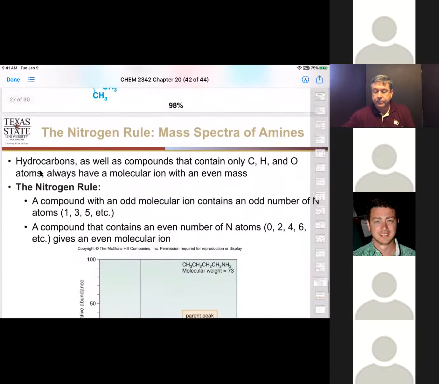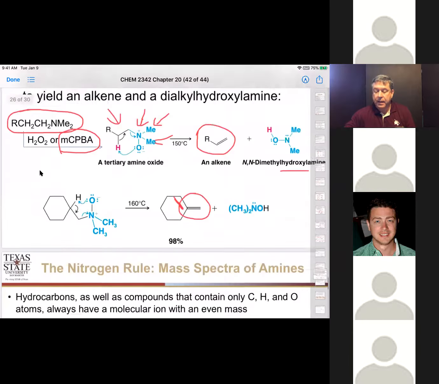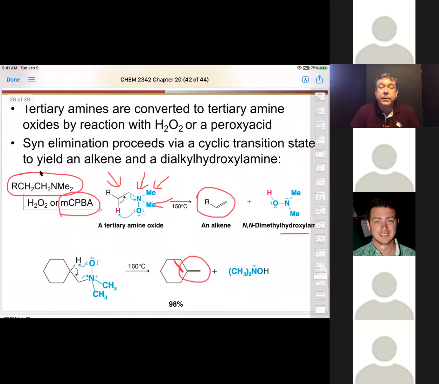Okay, so those are all the reactions we have for the amines. Again, we're looking at selectivity here, okay? We can make primary amines, we can add a carbon, we can take a carbon away, we can keep the same number of carbons. We can get anti-Zaitsev rule eliminations by making nitrogen into a good leaving group.